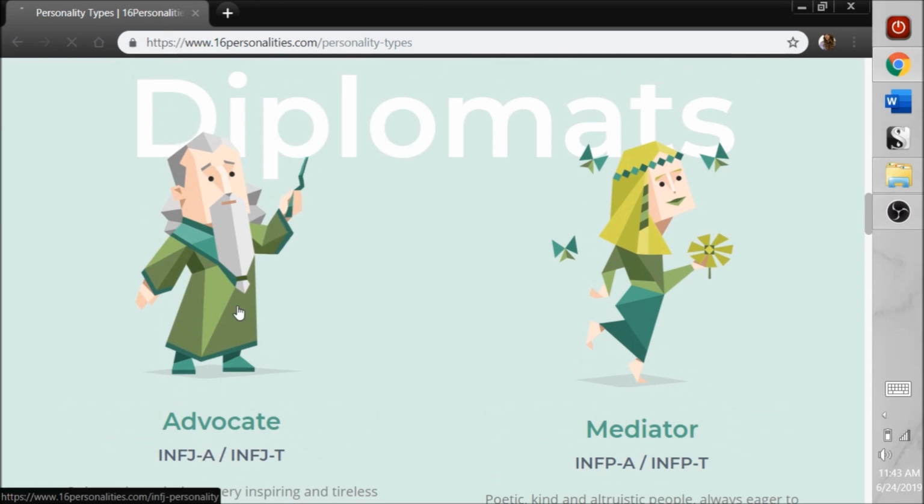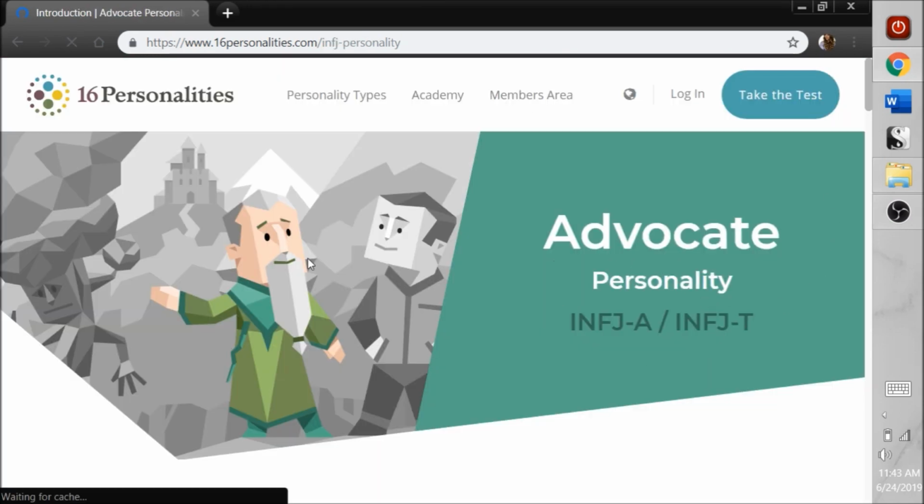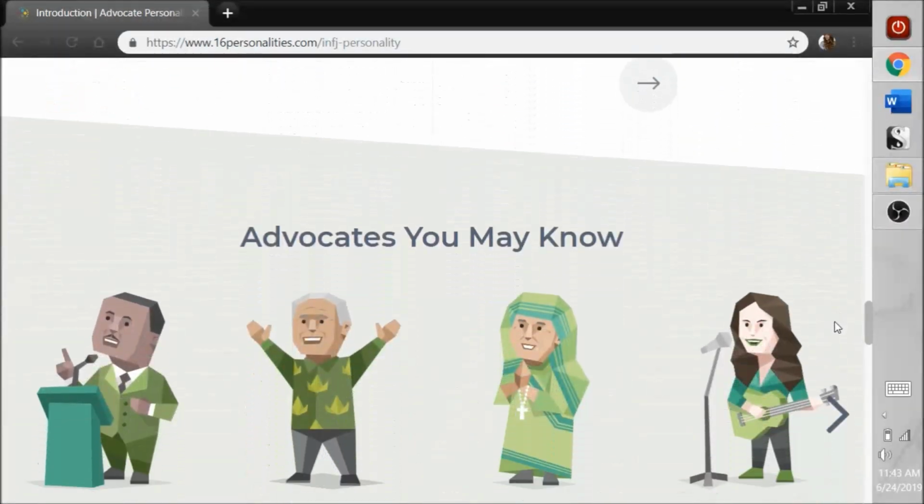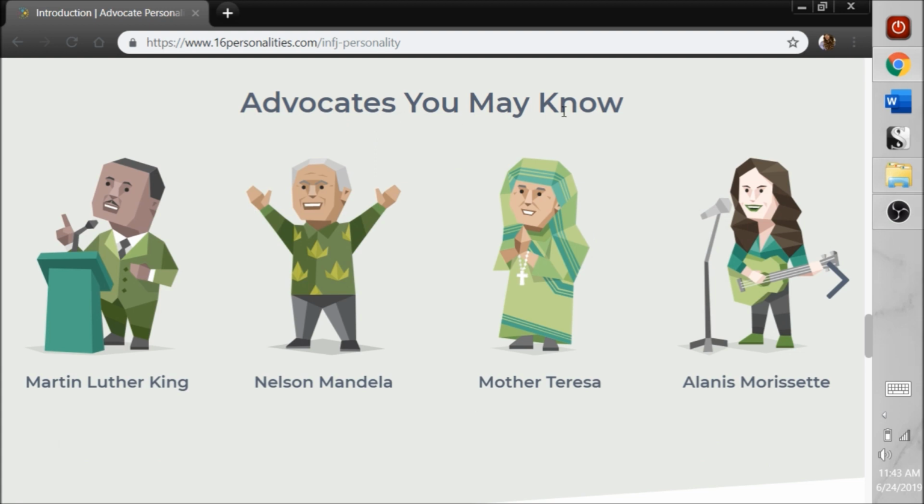Another thing I forgot to mention, we'll click on the advocate for now, which is me, at the bottom of the introduction page, this first page that comes up, there is also advocates you may know. So these are famous people who also have this personality trait, or at least are presumed to have this personality trait.